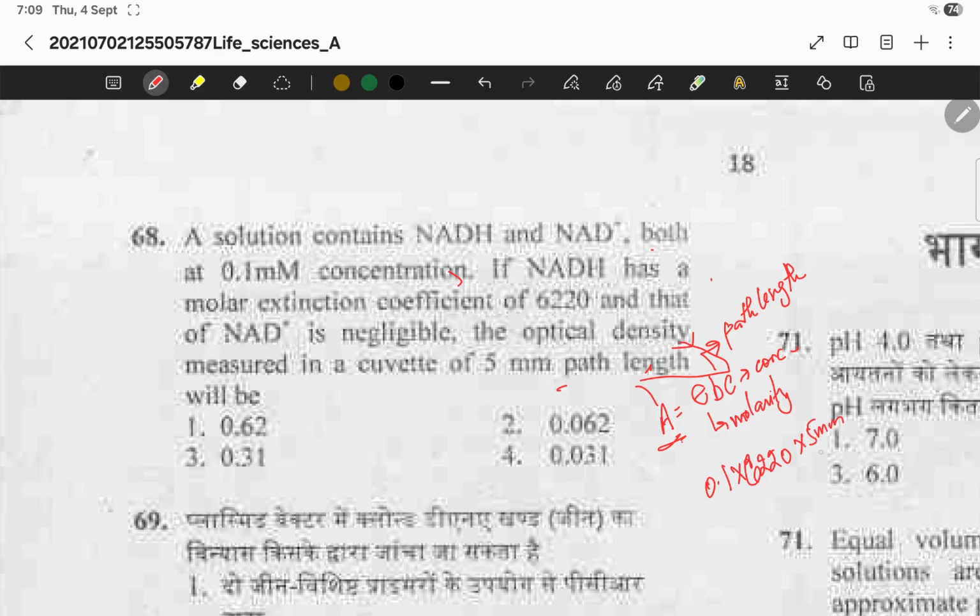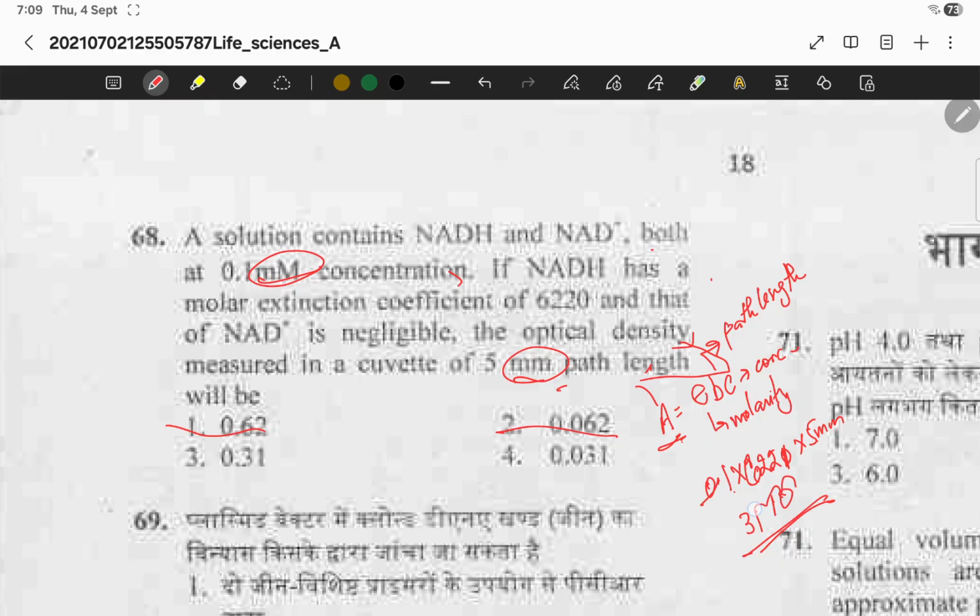This is in millimolar, normally we take it in molar, and the path length is in millimeters.